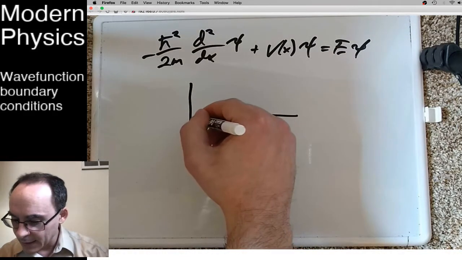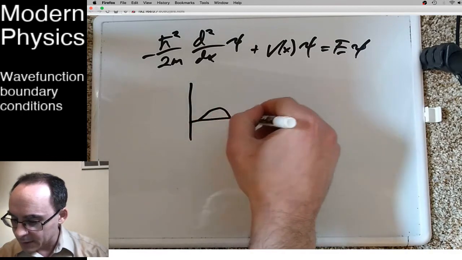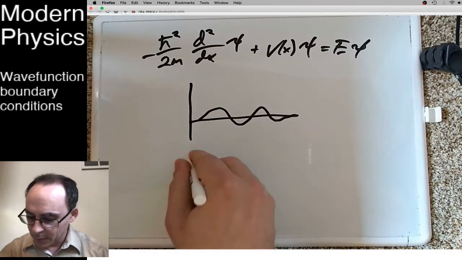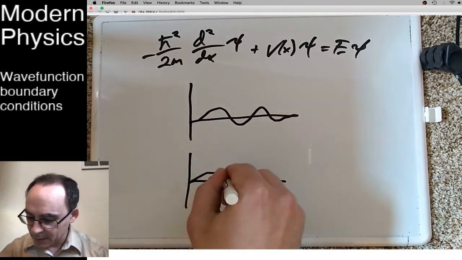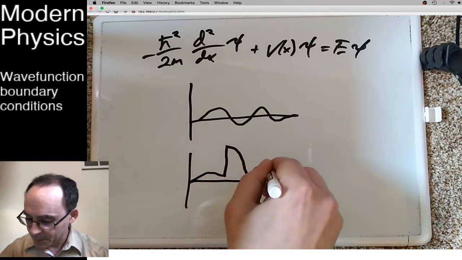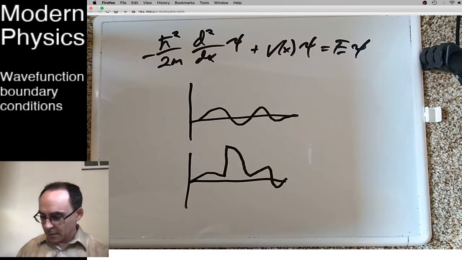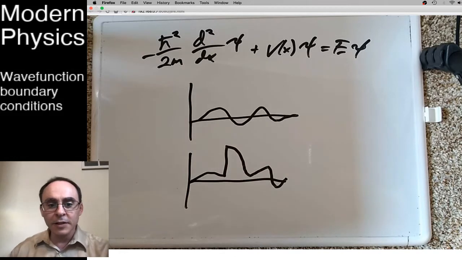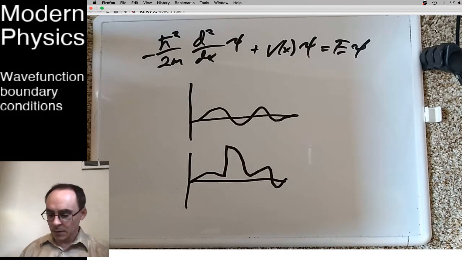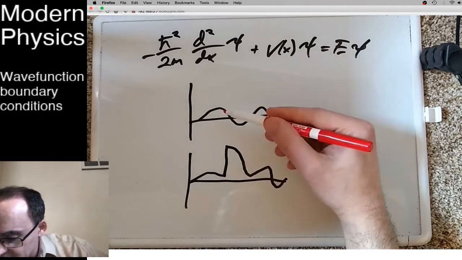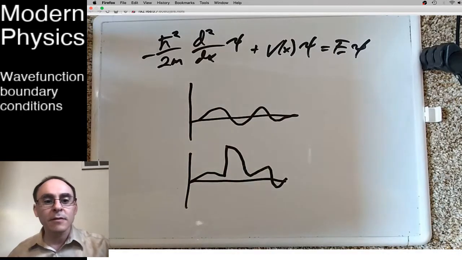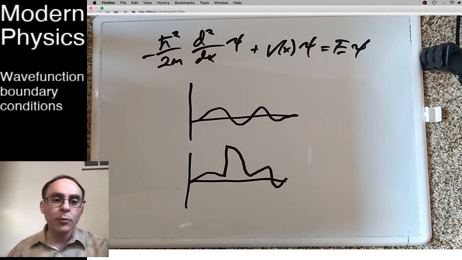We don't want to have something that does, you know, that. One reason we don't want something like that, where there's a sharp break, is that if we square this and integrate over a region, we interpret that as the probability of finding the particle in that region.